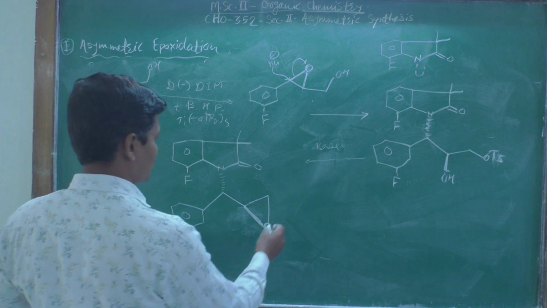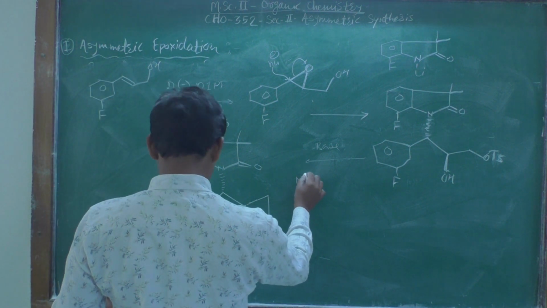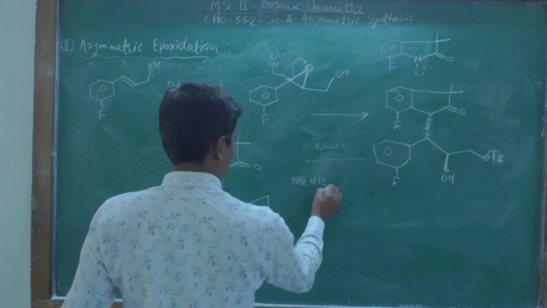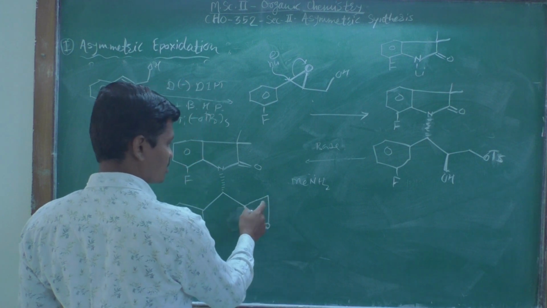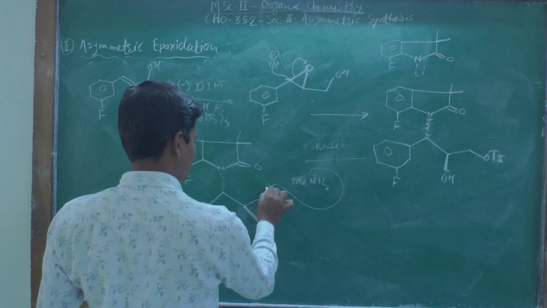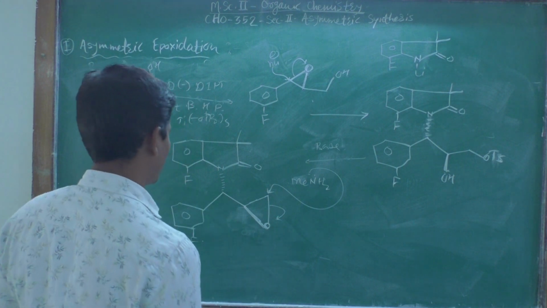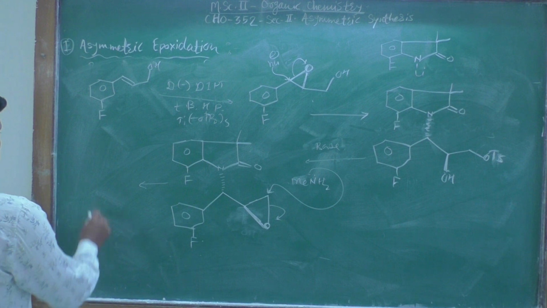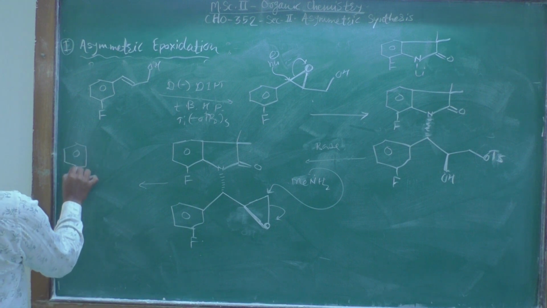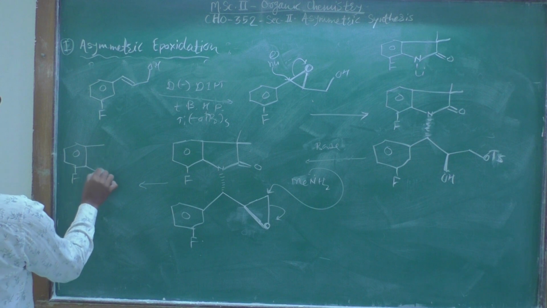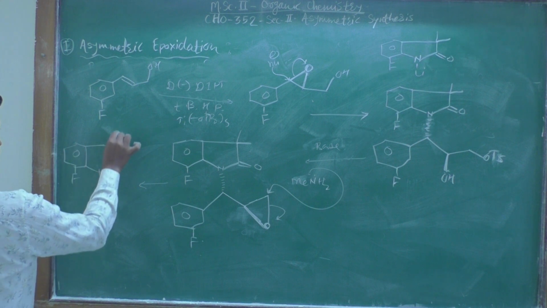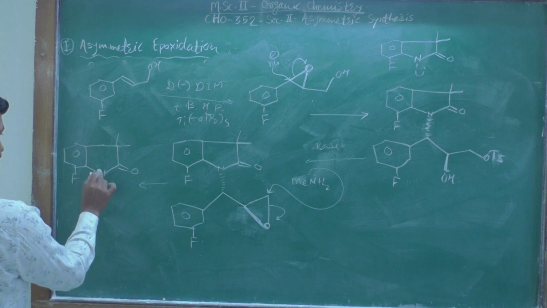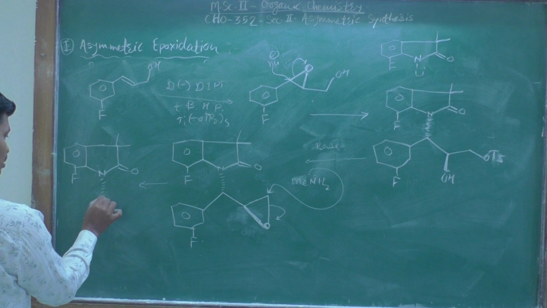Now here, simple methylamine, MeNH2, a primary amine, can attack on this epoxide carbon and this ring can be opened. We get fluorine, nitrogen, dimethyl group, carbonyl, with nitrogen alpha-bonded to this carbon.